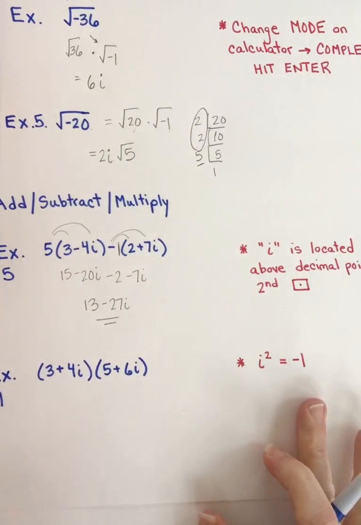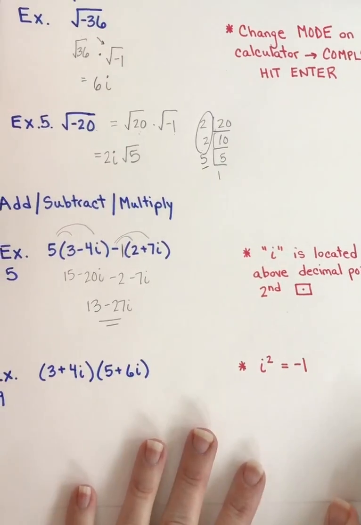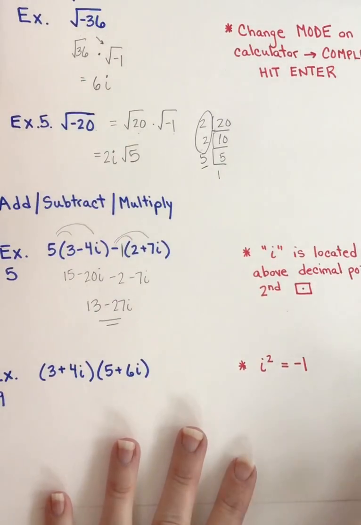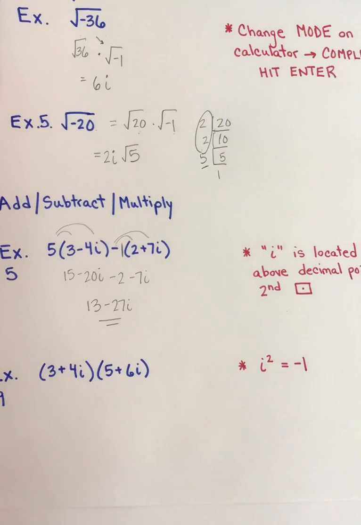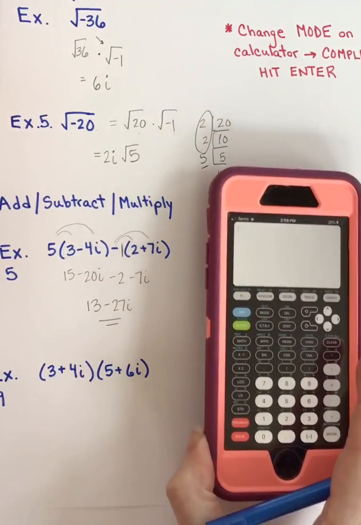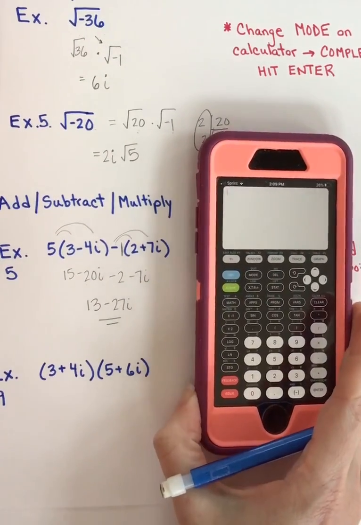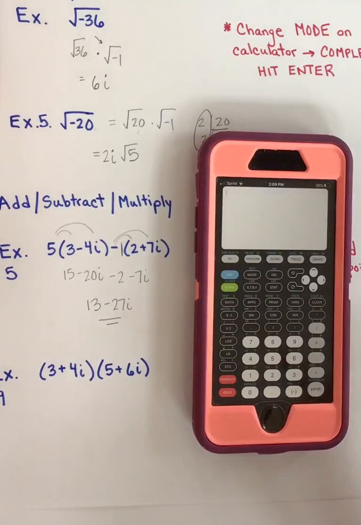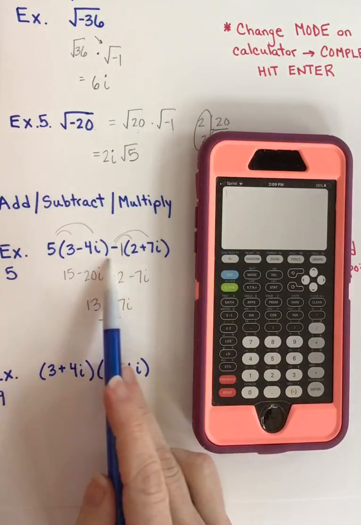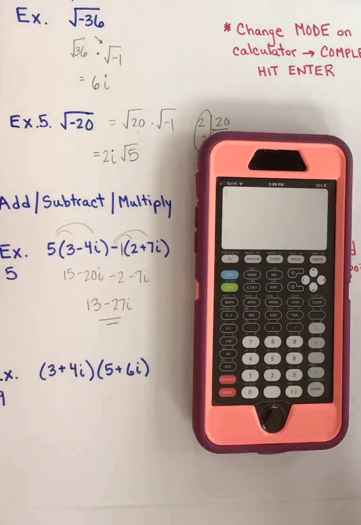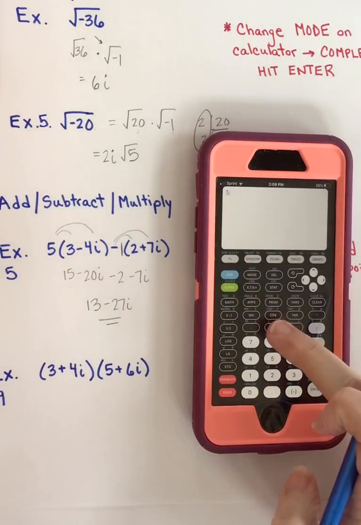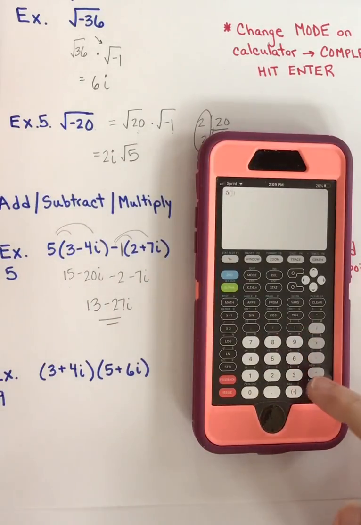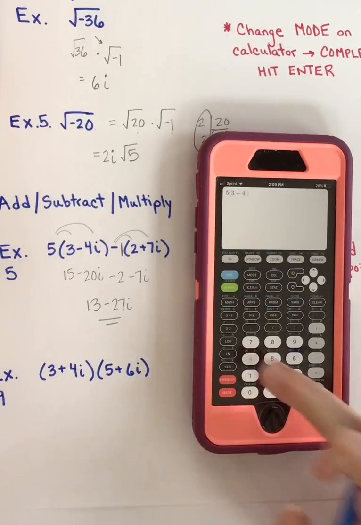Now, if you are into using your calculator, the i is located above the decimal point. So let me show you. You might even feel like you're cheating, but you're not, because our quest is going to be all a calculator quest. You're going to type this question in exactly like you see it. This is another way to get to the same answer. I've got parentheses, 3 minus 4.